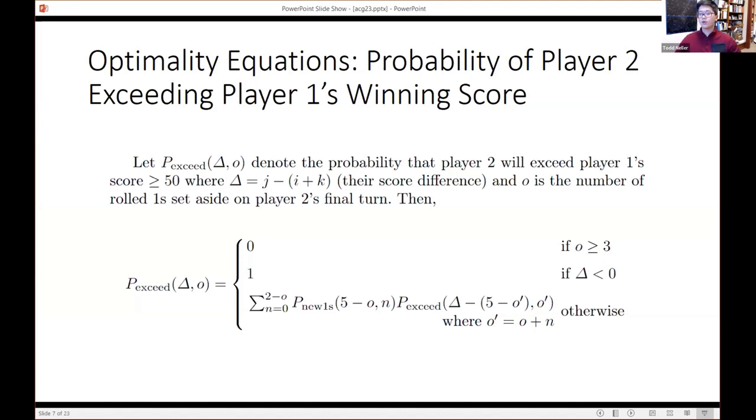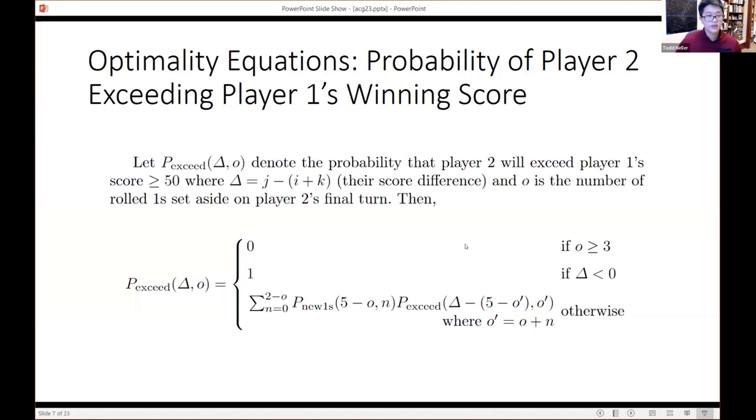PXC is 0 if player 2 has 3 or more one dice set aside, and PXC is 1 when delta is less than 0, so when player 2 has already exceeded player 1. Or else we recursively compute the probability of getting new ones and the PXC of the new ones we gain from rolling another 1.